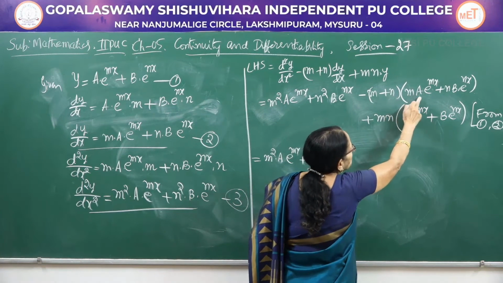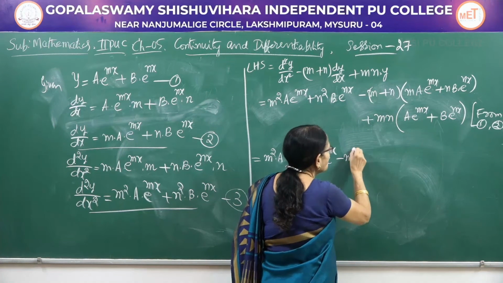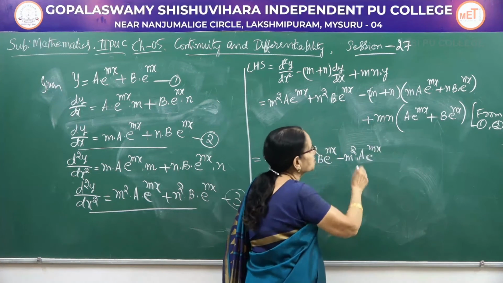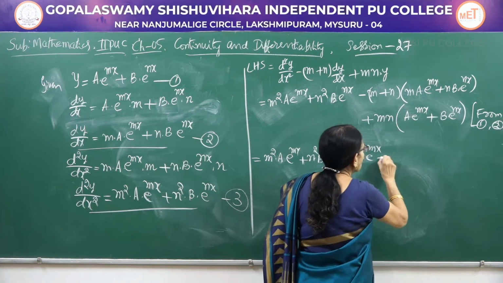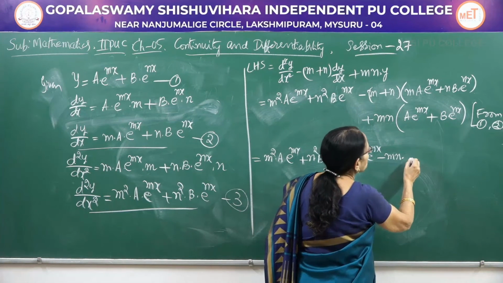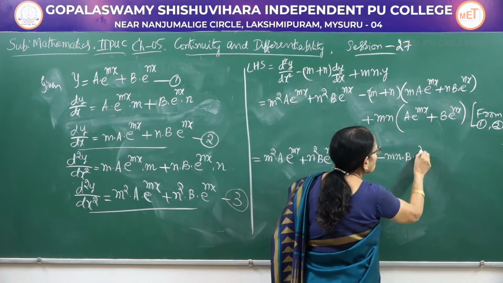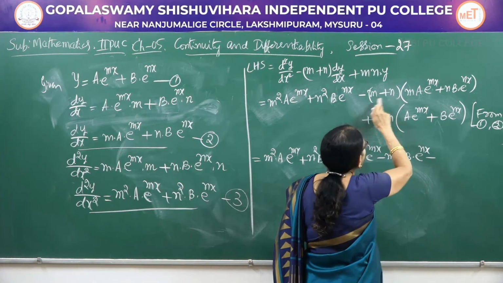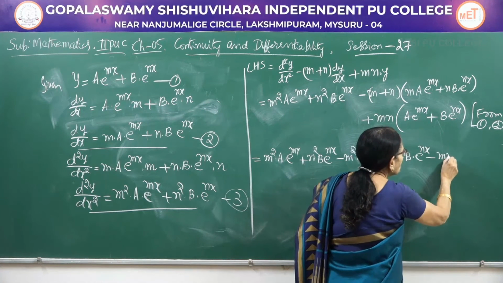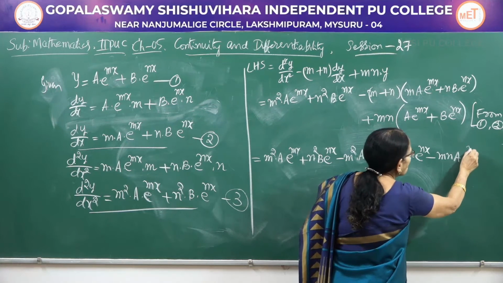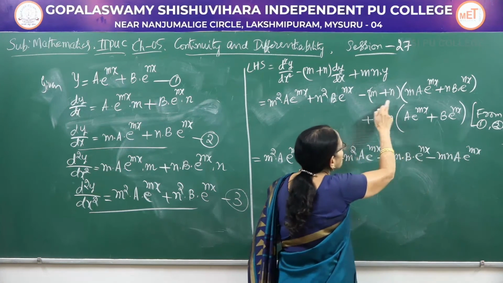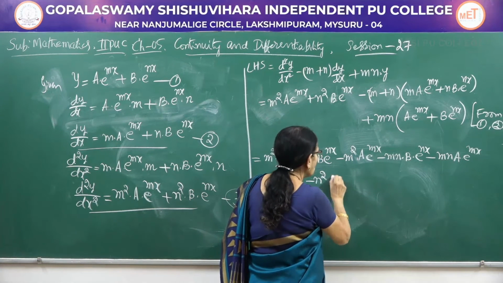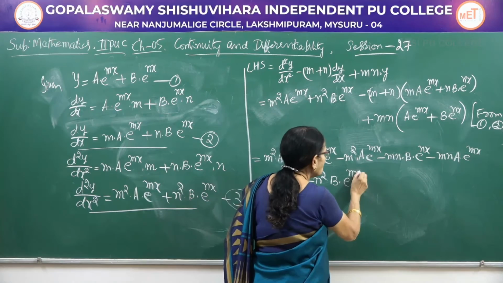Minus m into a into that one, that is minus m square a into e to the power mx, minus m into n, minus mn into b into e to the power nx, that is over. Multiply by n: minus n into m, that is minus mn into a into e to the power mx, minus n into n, that is minus n square into b into e to the power nx.